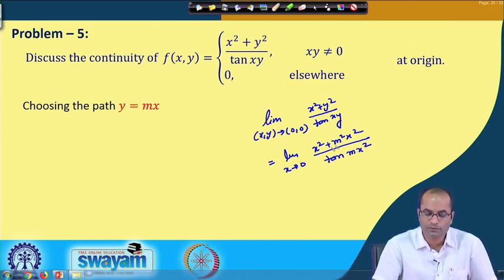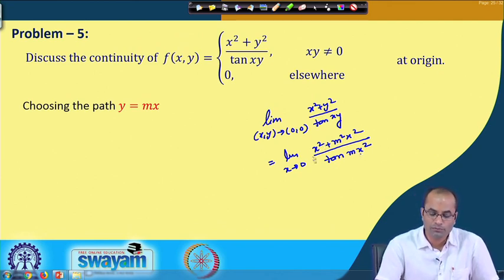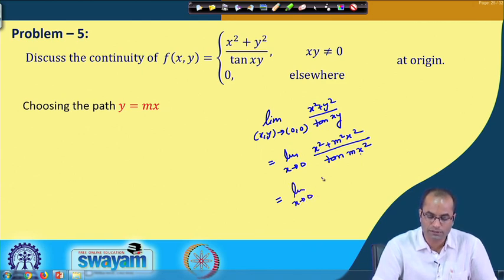Now when x goes to 0, we are getting 0 in the numerator and also tan 0, which is 0, in the denominator. So, it is a 0 by 0 case, and this is a one variable limit now. So, we can use L'Hopital. In that case we will get this limit equal to the limit of 2x plus 2x m square, and then in the denominator sec square of m x square, times 2 m x.